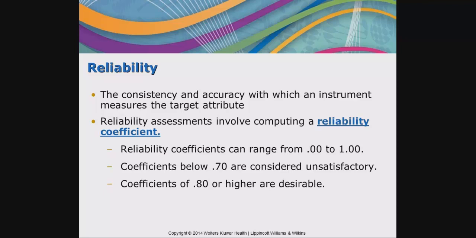Like the Center for Epidemiology Depression Scale. If you repeatedly use it with a subject in a short period of time, you're expecting that the scores should be similar. Meaning that, if I gave you an anxiety scale every time we gave a test, I would assume that those findings were going to be similar every time we gave you that scale, because that's going to indicate some degree of reliability.